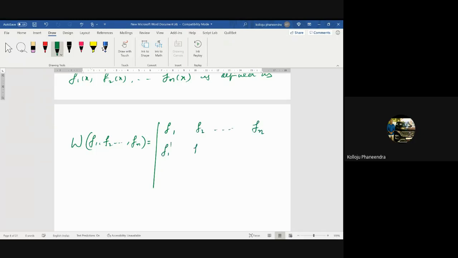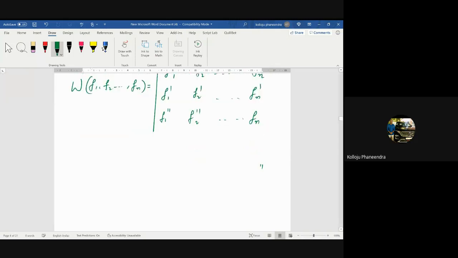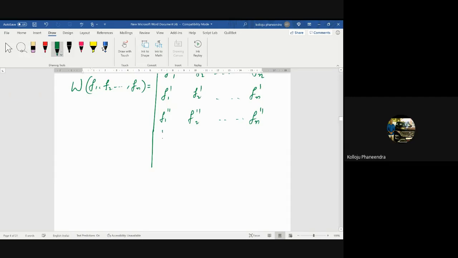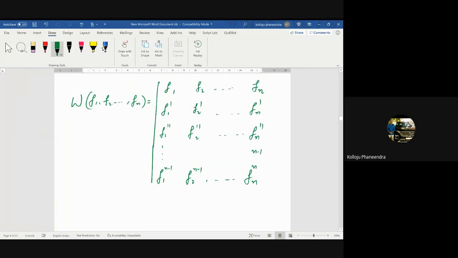Then their first derivatives, f1 dash up to fn dash. Next, their second derivatives, up to fn double dash. And lastly, you write the n minus 1th derivatives of f1, f2, up to fn.